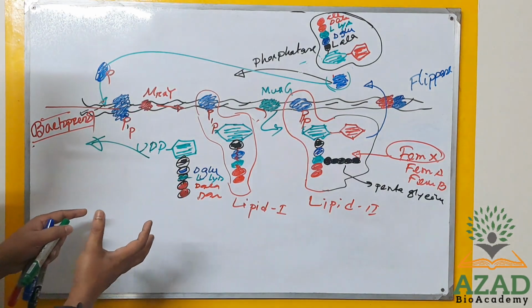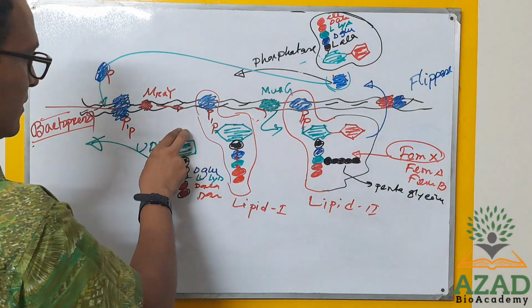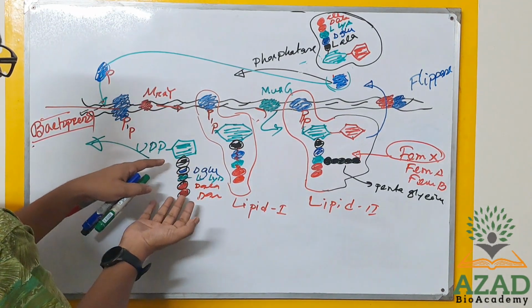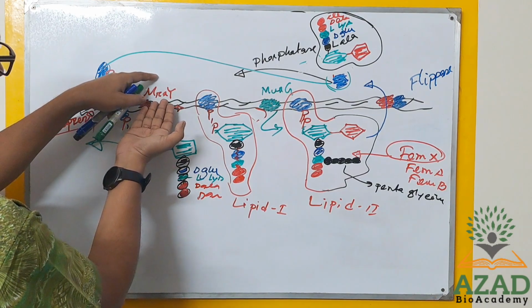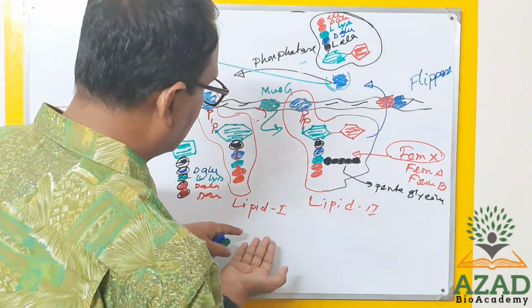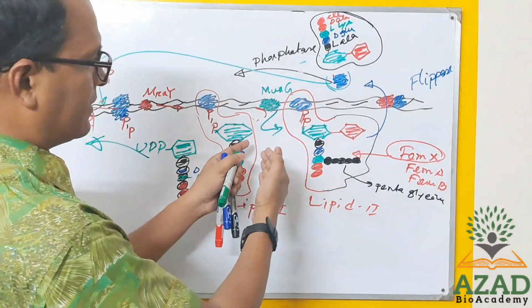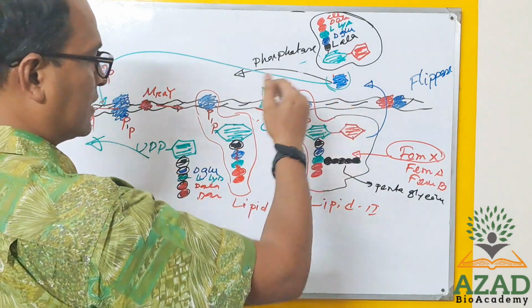Within the cytoplasm, the N-acetyl muramic acid containing pentapeptide will attach to the bacterioprenol with the help of the MraY enzyme, and then it will form lipid 1. Lipid 1 will be converted into lipid 2 by the attachment of another sugar, N-acetyl glucosamine.